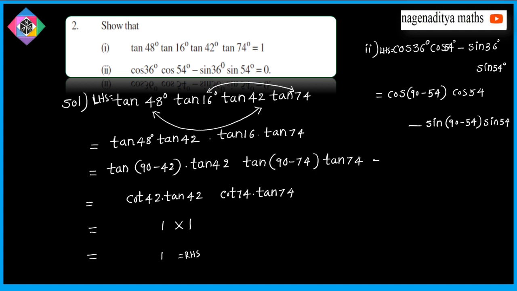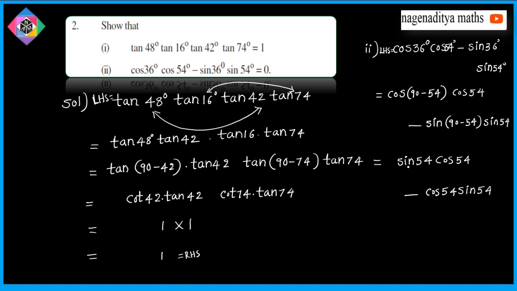Okay, so cos of 90 minus theta is equal to sin theta, so we can write sin 54 here multiplied by cos 54, minus sin of 90 minus theta, which is equal to cos theta, so cos 54 multiplied by sin 54.